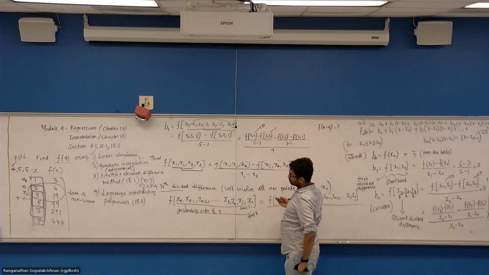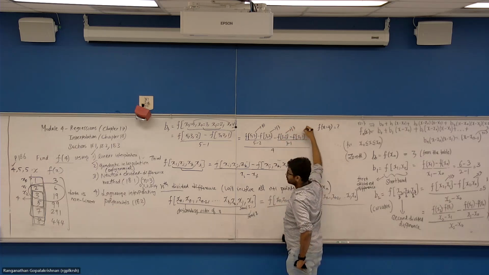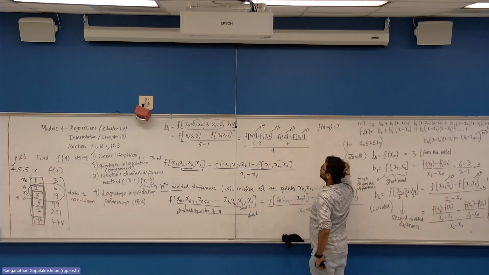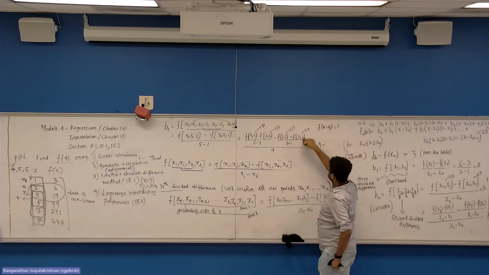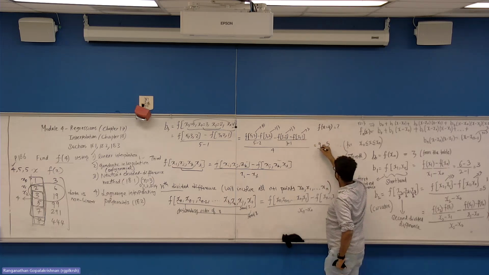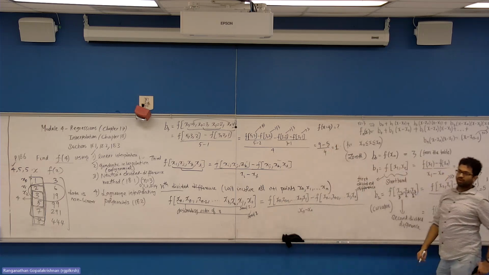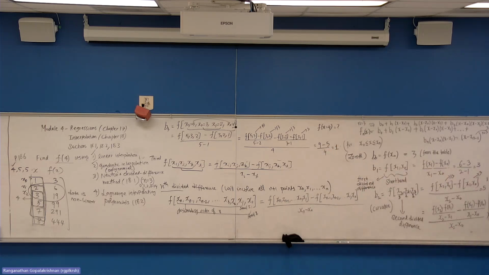Okay. 13, 13, 3. So I have 40 minus 13 is 27 divided by 3, that is 9, minus 10 divided by 2, that is 5, divided by 4. So this is 1. B3 is 1. Would you agree, disagree? Yeah, okay.